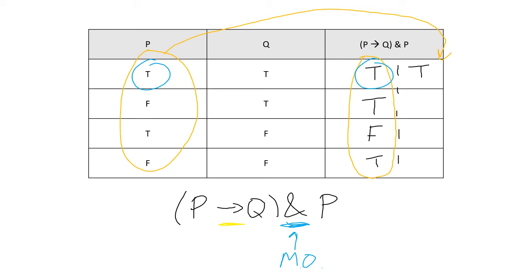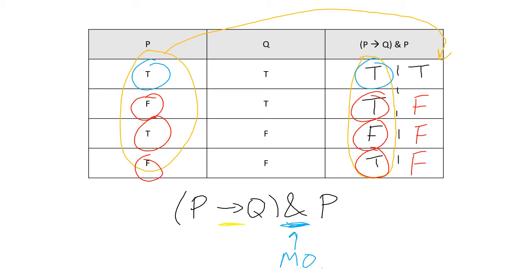In this next one, we have false and true, so that's got to be false. Remember, for a conjunction, if one of the sides is false, it's got to be false. And looking at these next ones, that's what we have. So for conjunction, both sides have to be true, which we only have in the first row.